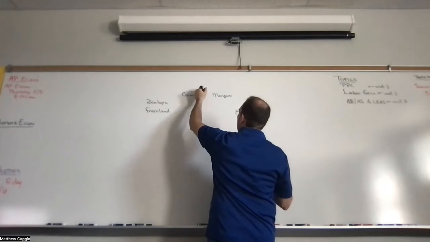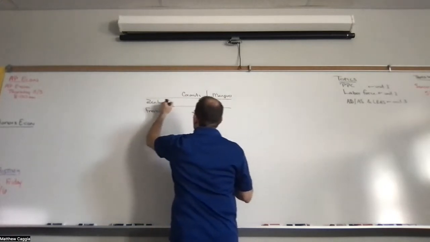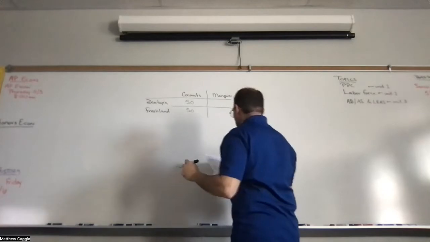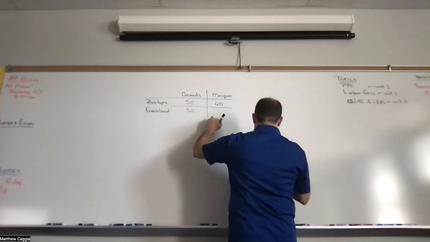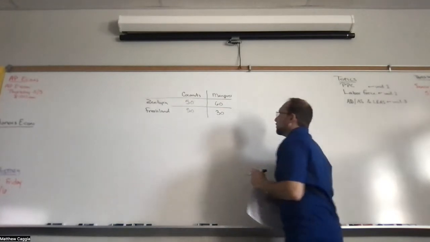We've got a few questions we can ask about this. They both are able to produce 50 coconuts, or Zootopia can make 60 mangoes, and Freshland can make 30 mangoes.